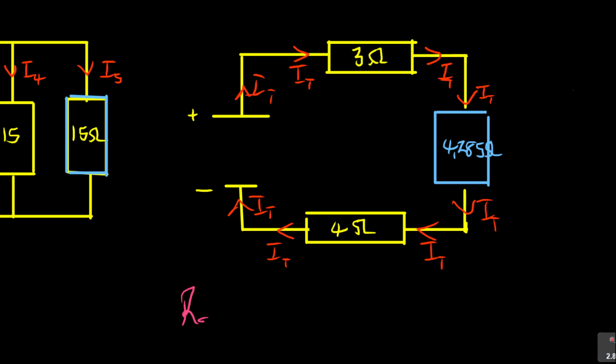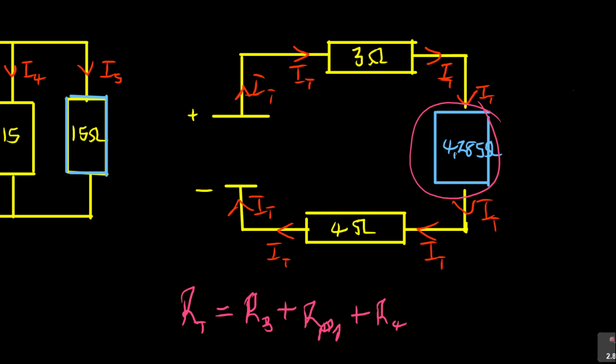R series, or RT. I don't have to worry now: R series is equal to R3 plus R parallel, that P1 there, plus R4. I'm saying P1 because it was that thing there. I don't want to write that 4.2 blah blah blah.